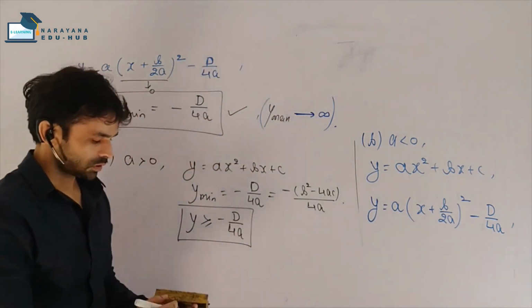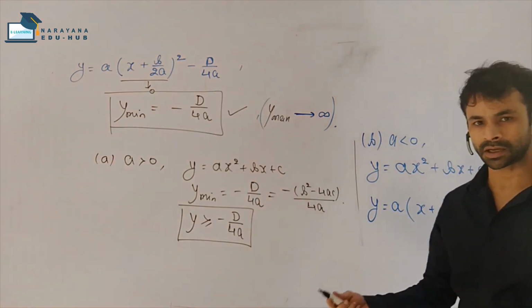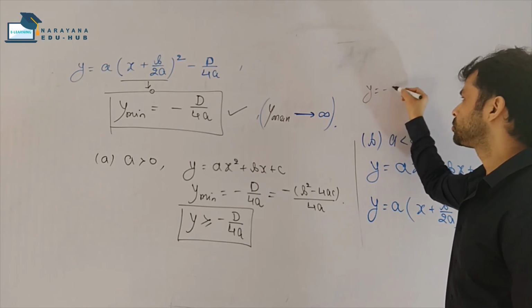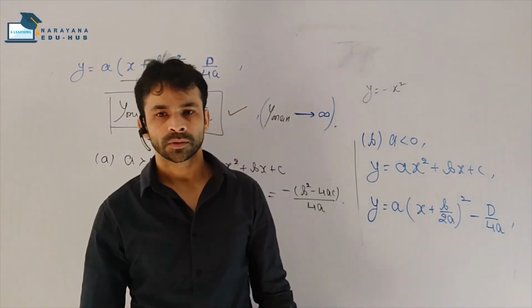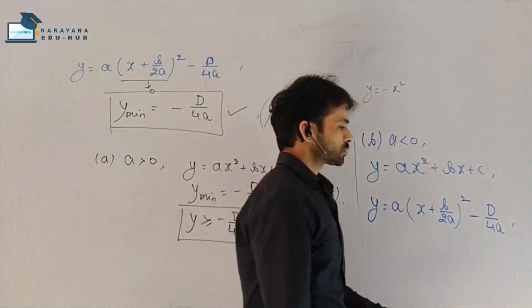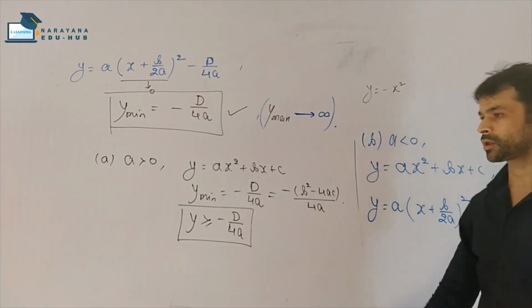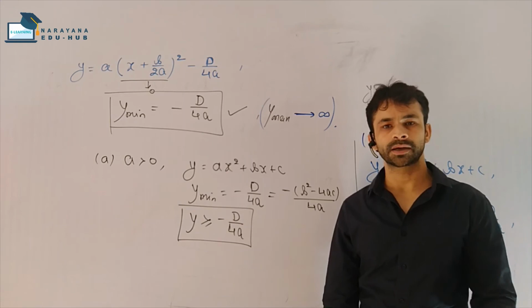Now here the only difference is a is negative. So things are like you have something like y is equal to minus x square. Here, as you increase x square, minus x square will decrease.